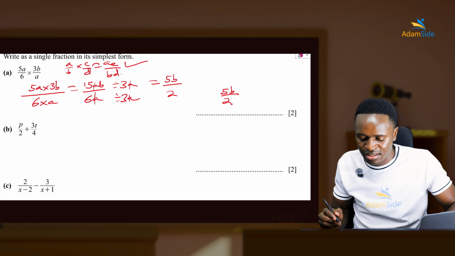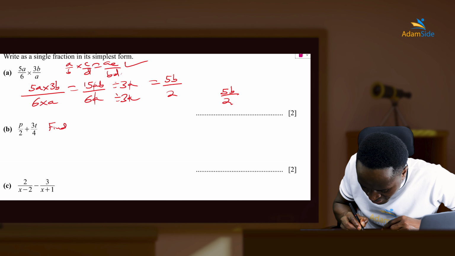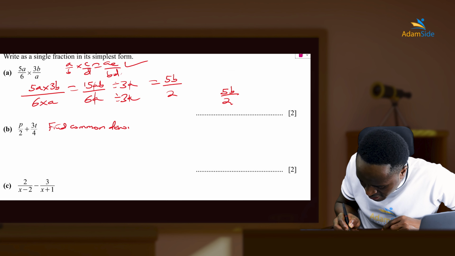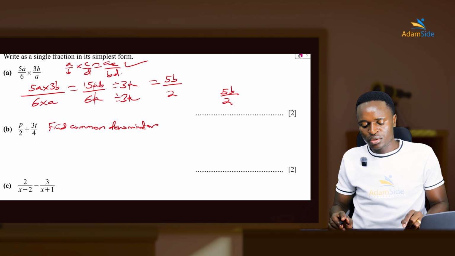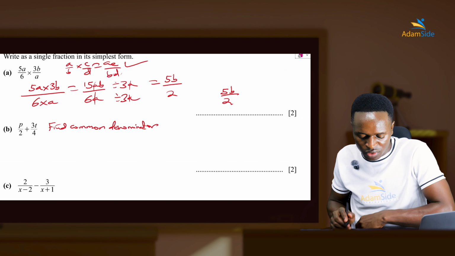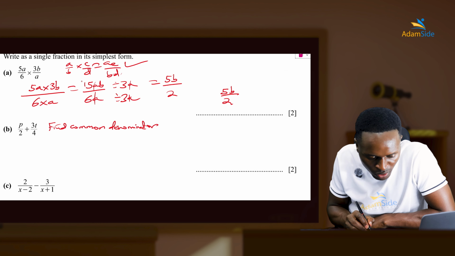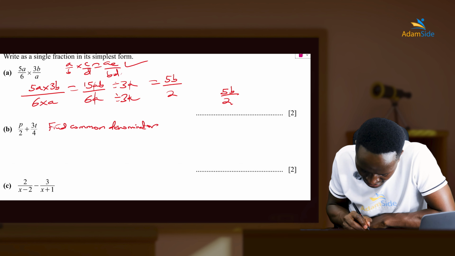Then here we have p. Because you are adding fractions, you need to find a common denominator. So we have 2 and 4. 4 is a multiple of 2, so you can use it. Our common denominator here is 4, obviously.